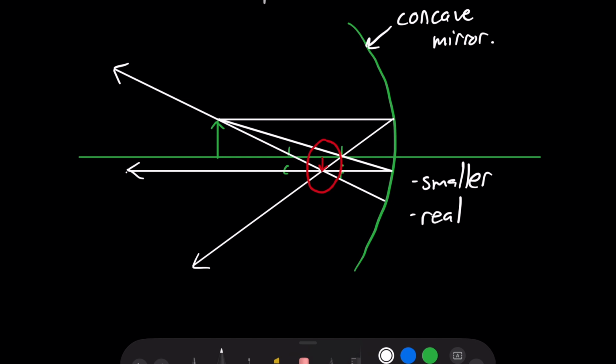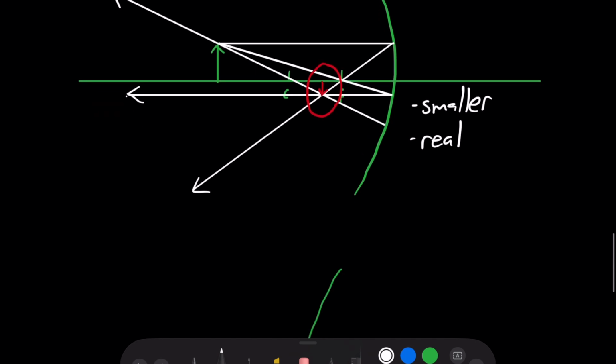That means it can be projected onto some type of screen. Okay, so it can be projected. We can also say that our image is inverted or upside down. So it is inverted.